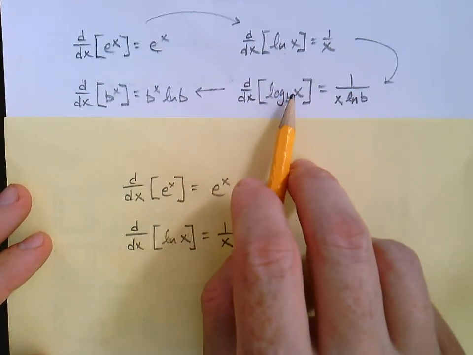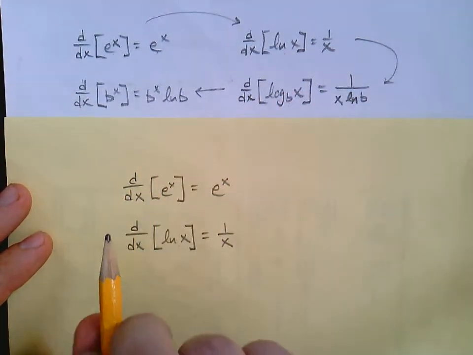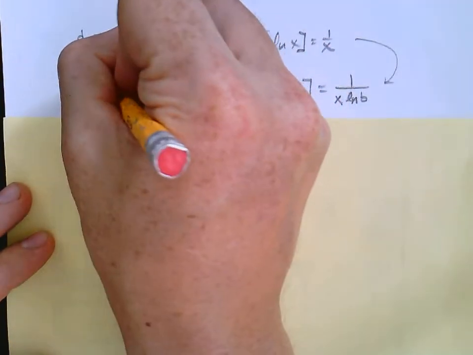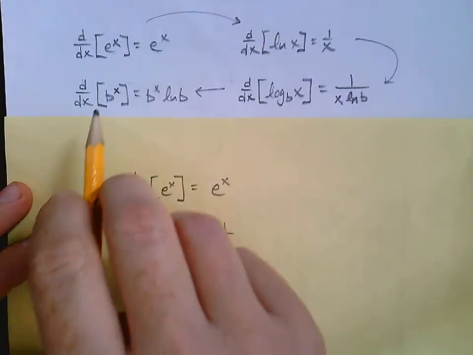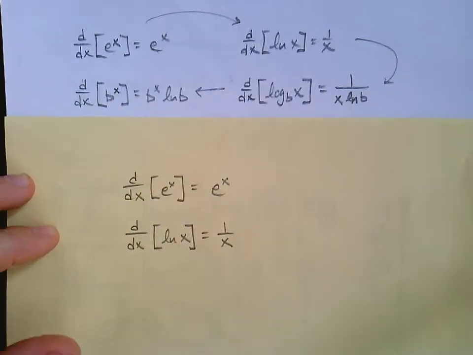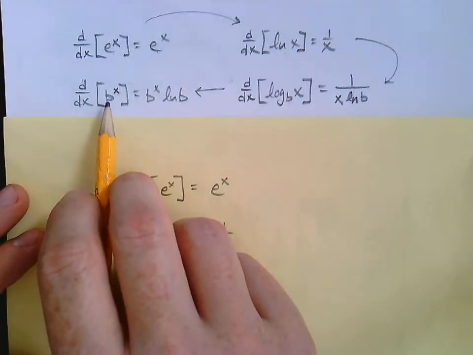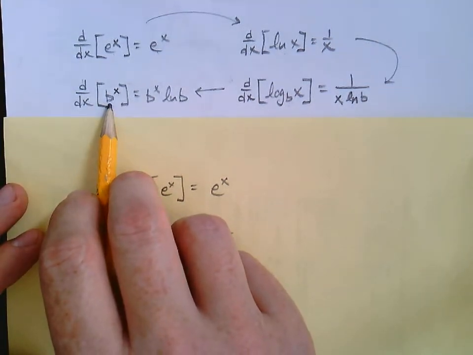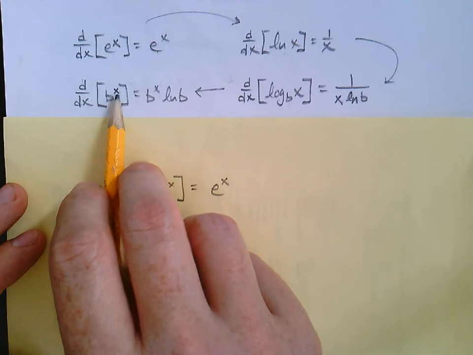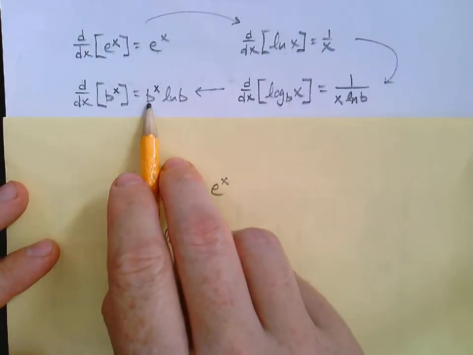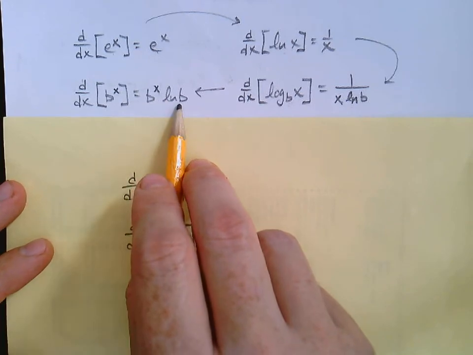Once we have this, that would lead us to, again skipping the explanation, the derivative for any exponential. So an exponential is a number raised to the x. If we have any number b raised to the x, what's that derivative? It turns out it's b to the x times the natural log of b.